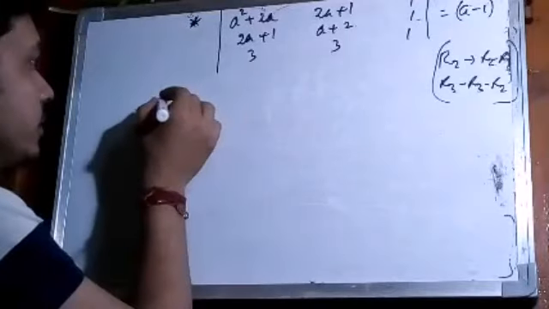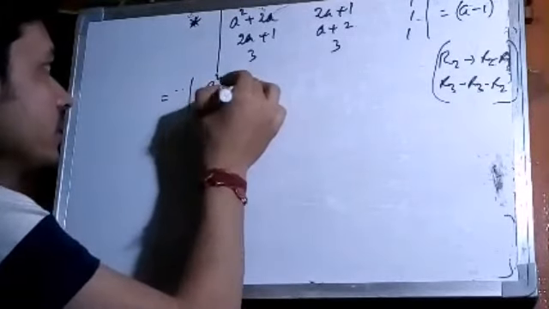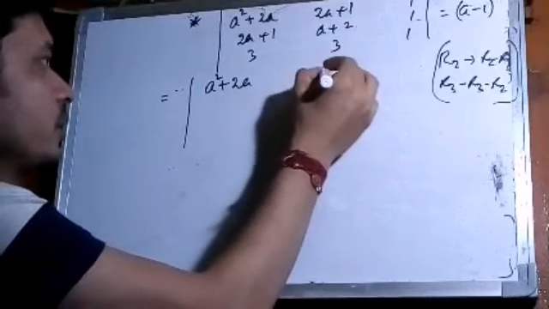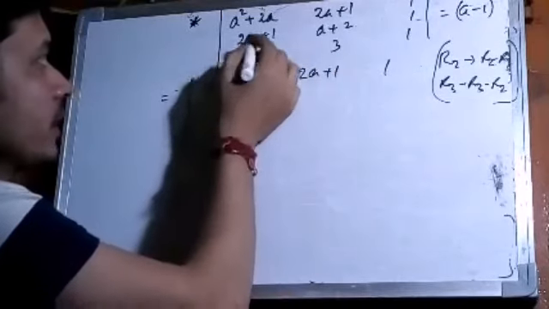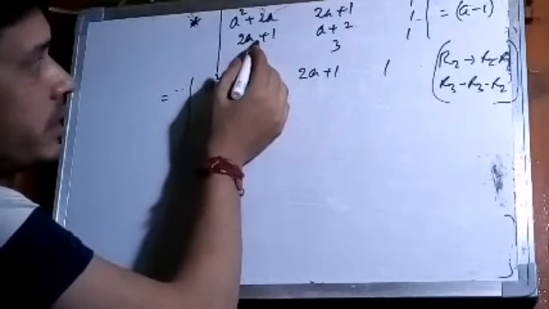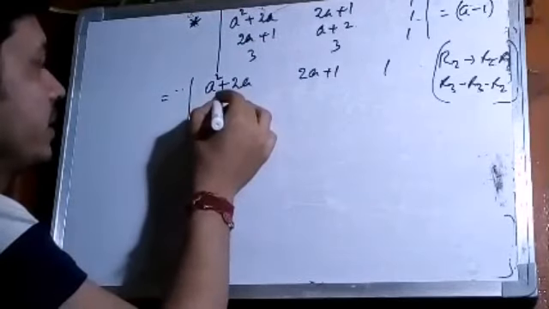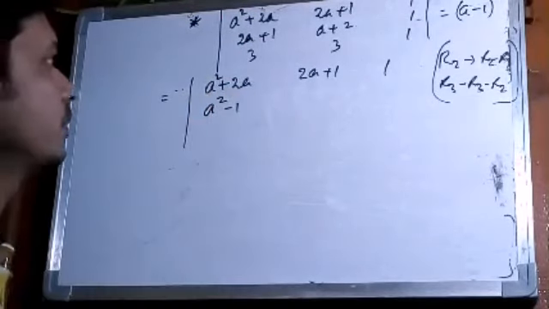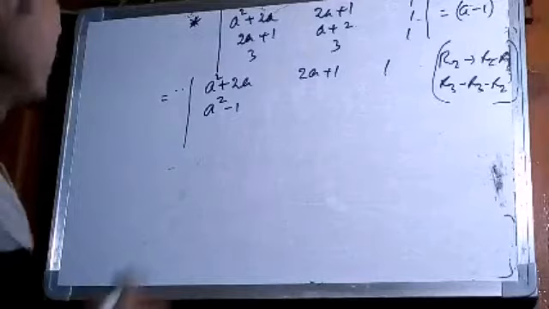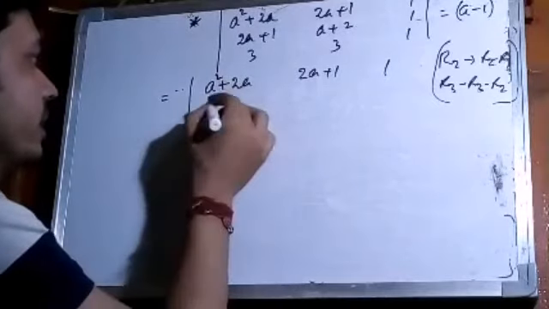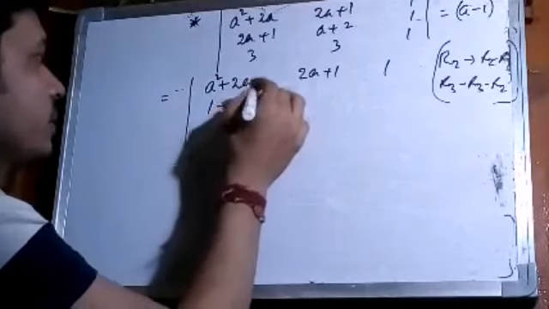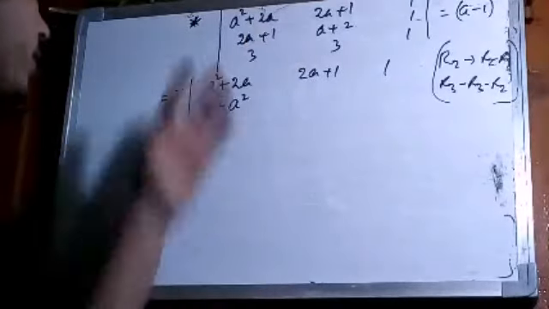So this is equal to the determinant. R1 is no change, so we copy R1: a square plus 2a, 2a plus 1, 1. Now 2a plus 1, this is subtracted from R1. So 2a and 2a cancel, so we get a square minus 1. Sorry, this is 1 minus a square because we are subtracting R2 from R1, not R1 from R2.